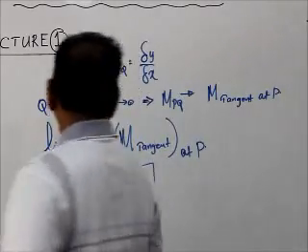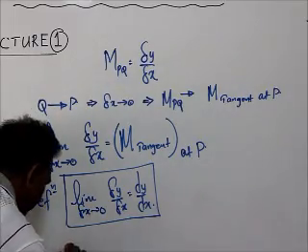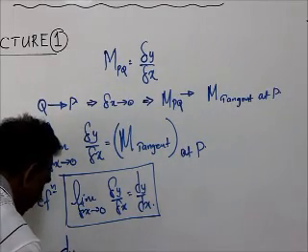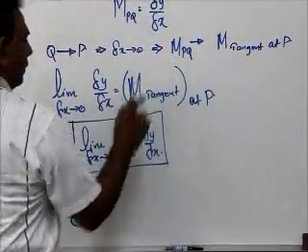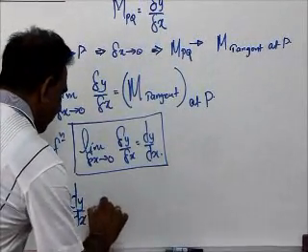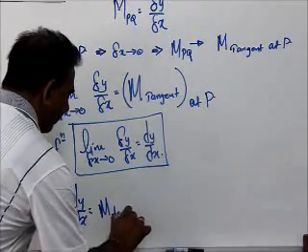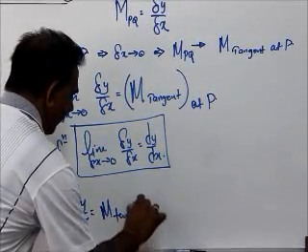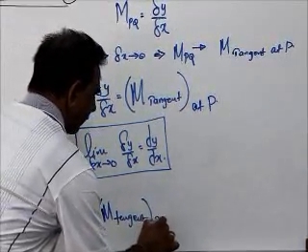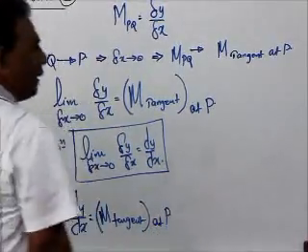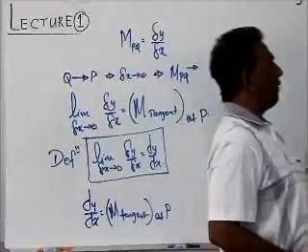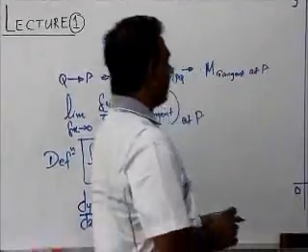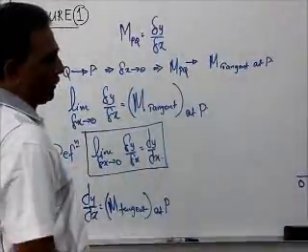So what is the meaning of dy by dx? dy by dx is equal to the gradient of the tangent, m of tangent at P. So if y is equal to f(x) is the given function, then we can find dy by dx, which is another function.